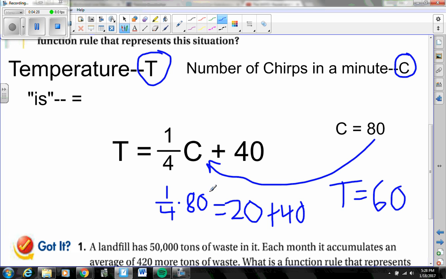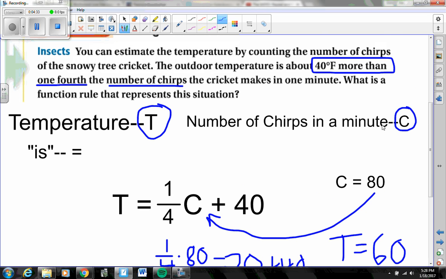So once we write this equation, we can evaluate it for different numbers of chirps that we hear. But we just took these words, found our variables, and wrote an equation based on what they told us: 40 more than 1/4 the number of chirps.